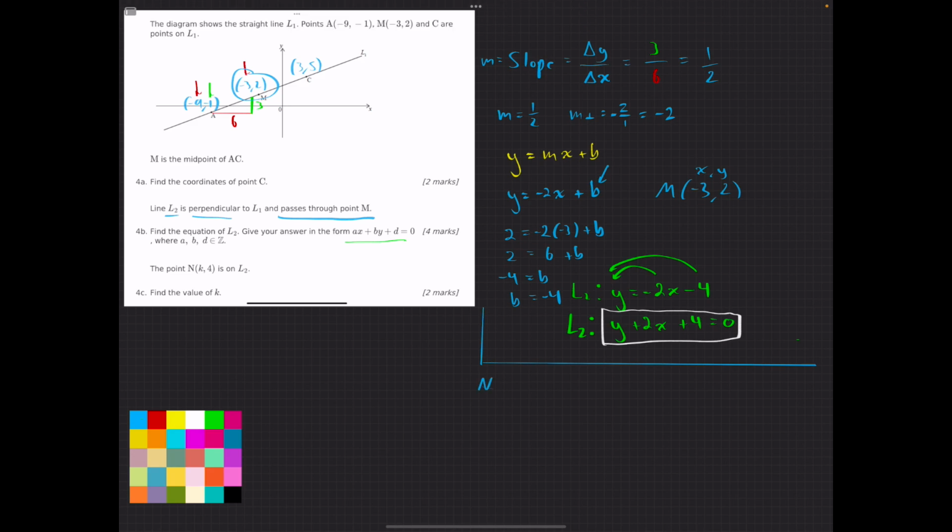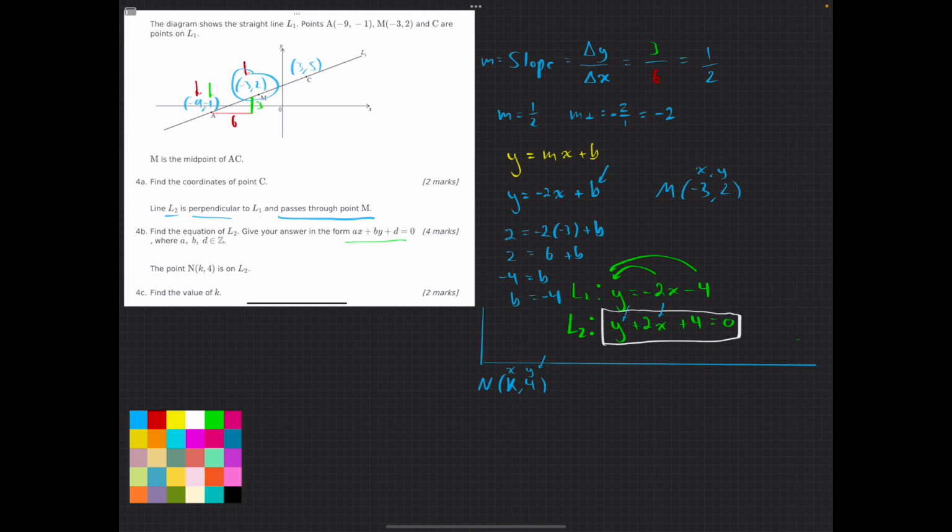N is K, 4, and the x value is K, and the y value is 4. And they want us to find the x value. Okay, so just like before, we have two values, an x value and a y value. They give us a y value, and really we can just substitute and find that missing x value.